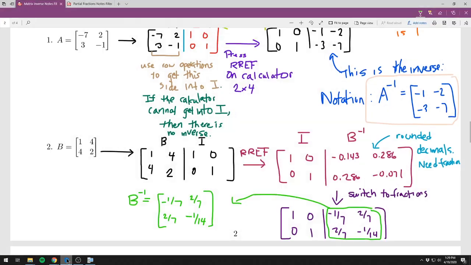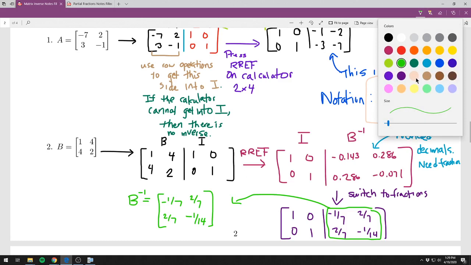Now I will absolutely say, when you have to show me your work, just writing B inverse equals this is not valid. You got to at least plug it in to the augmented matrix and show me what it becomes. So I know you know how to set it up. All right, but that is the inverse.